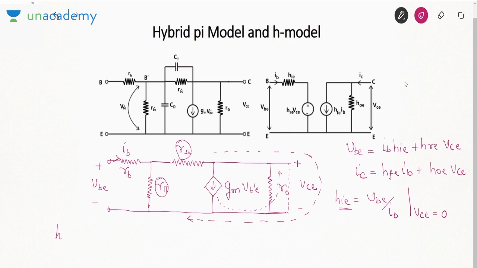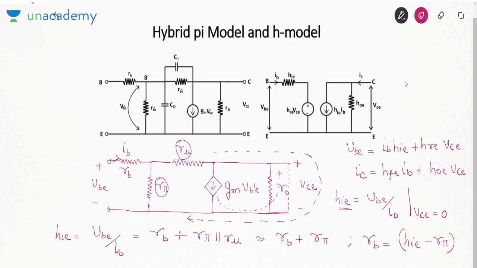So what you can say, hie, which is the equivalent impedance VBE upon IB, will be how much? rb plus r pi parallel r mu. Now we know that r mu is very high, in megaohms. So it is simply rb plus r pi, which means you can write rb as hie minus r pi.